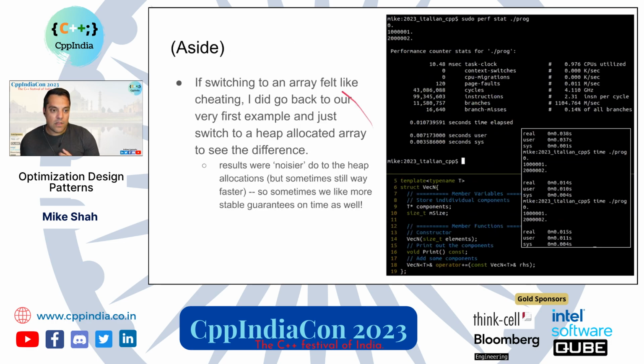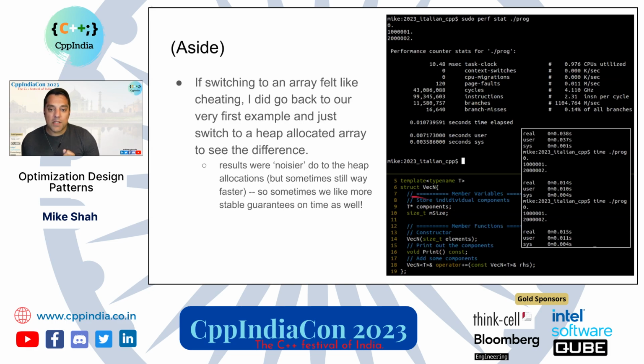And if switching to an array felt like cheating, I did go back to this example and tried it by saying, let's get rid of all the vector stuff and just make it a heap allocated array. The results were still noisy because what we're really paying for is memory accesses on the heap and the allocation.